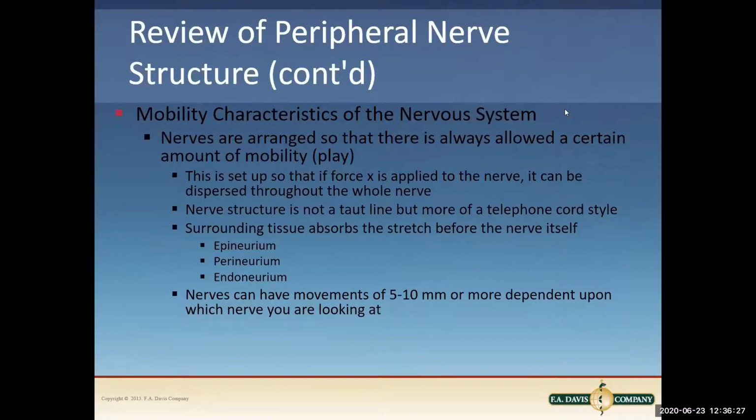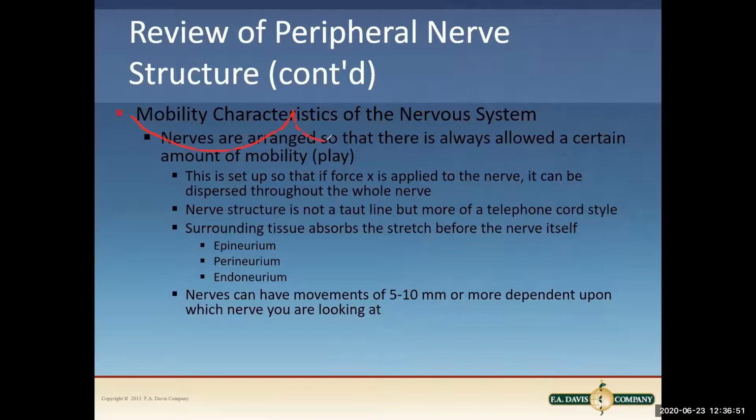Nerves themselves are designed so that there's always a certain amount of mobility, or what I keep calling play. This is set up so that if there's a force applied to the nerve, it can be stretched and spread across the whole nerve. The nerve fibers are less of a hard line and more like that loose telephone cord that you see on telephone poles.